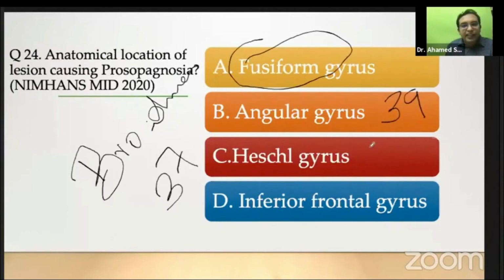Heschl's gyrus would be 41 and 42. That is auditory. This corresponds with apraxia and alexia. Inferior frontal gyrus, the lower portion, could include 44, 45. That is Broca's area, and even 46. So that is the importance.